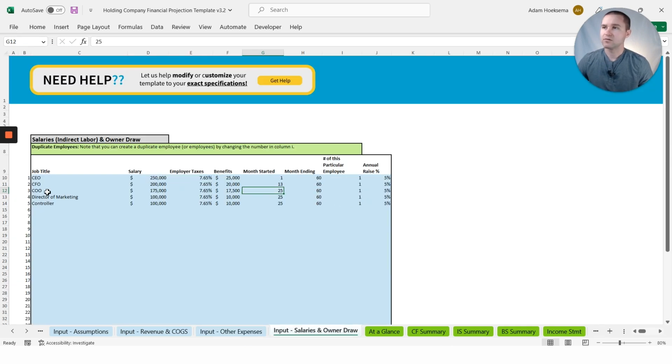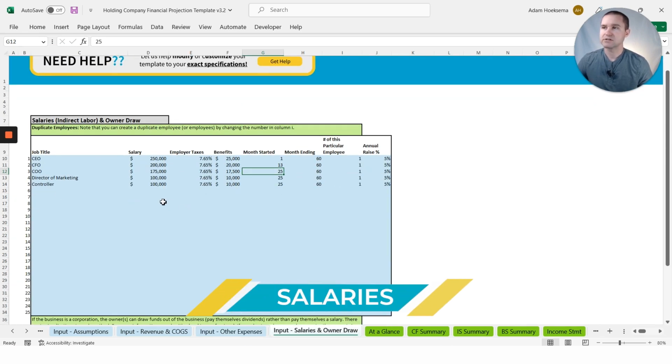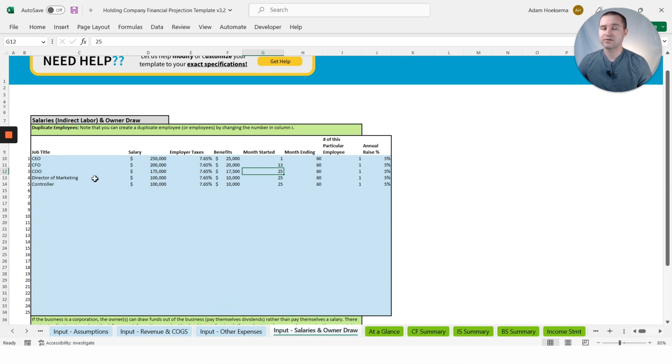All right, now going over to our salary positions, if it were me, I would probably use this section for the corporate level, holding company level salary positions. For all other labor costs, I would enter in the individual labor costs on a per unit basis.